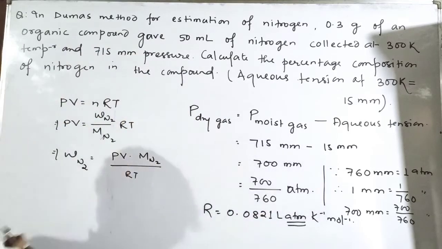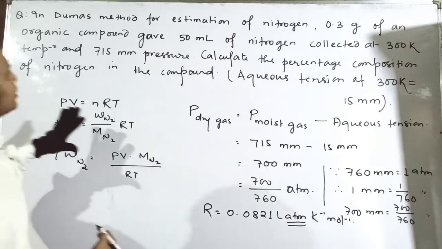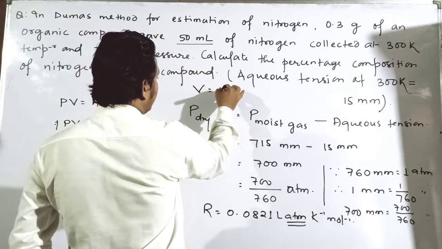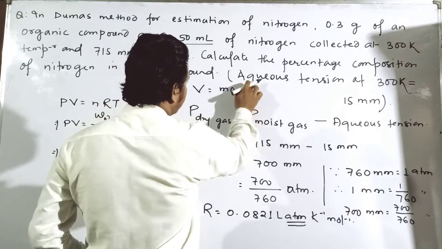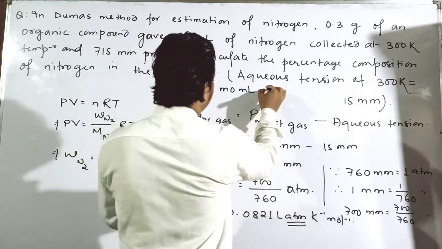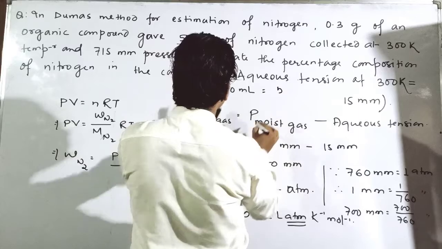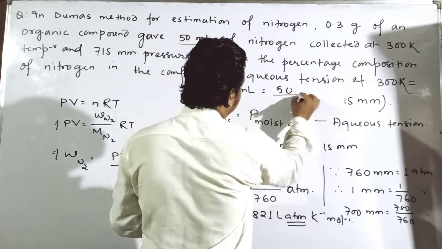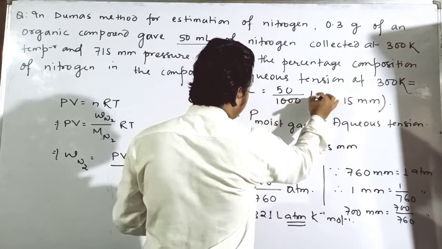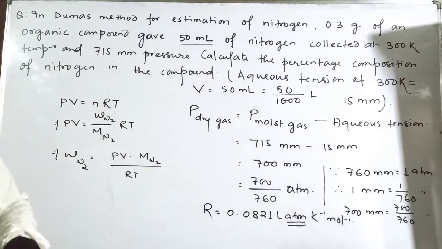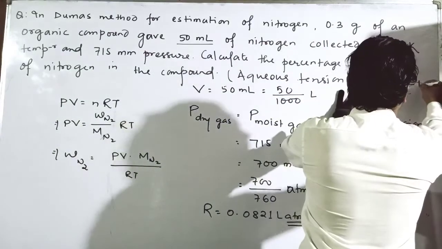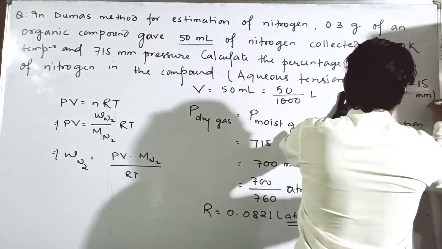Next, volume. What is the volume given? Volume is 50 ml. Convert it into liter. So 50 ml will be how much liter? If you want to convert into liter, divide by 1000. Now next term.